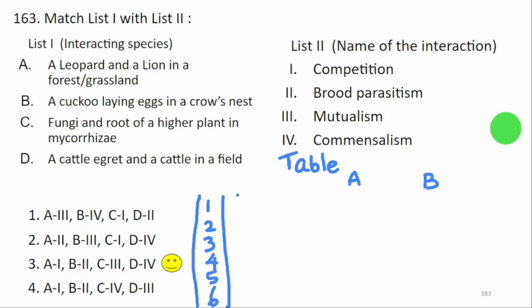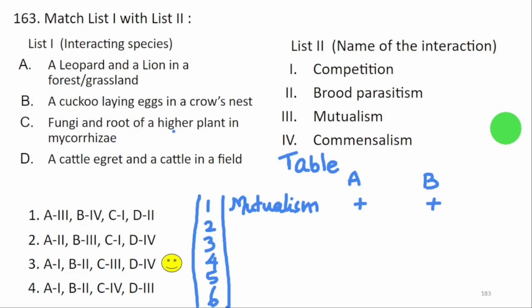So first one is mutualism. So both are benefited, so it is denoted with a plus sign. Plus means benefited. So in this case, mutualism is seen between fungi and the root of higher plants.